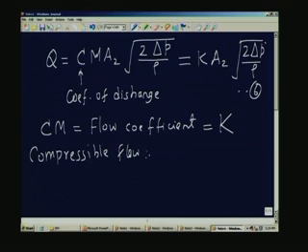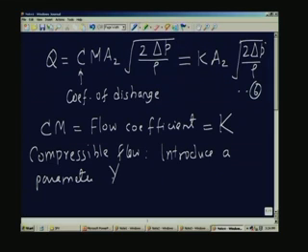In that case, we will introduce another parameter called y, which is called the expansion factor. So, that equation 6 can be rewritten with a factor y here. I am just going to put the value of y there, and I will also put the y here.